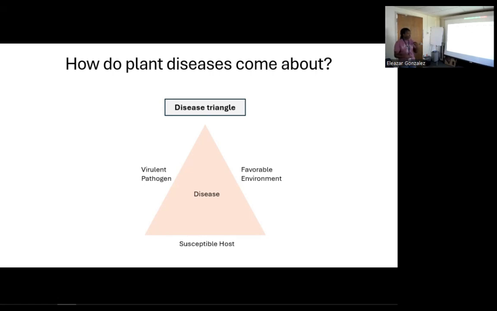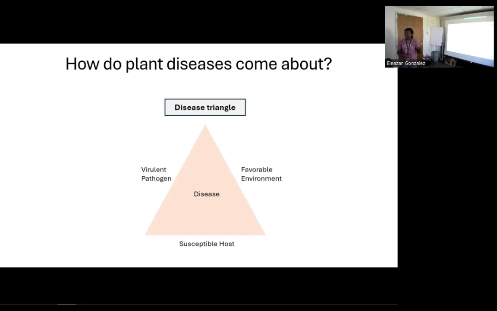In order for disease to develop, we need a pathogen, which could be a fungus, bacterium, nematode, virus, or phytoplasma. The pathogen has to be virulent, meaning it should be able to cause disease. We also need a favorable environment, maybe wet, humid weather, which are very common environmental conditions that favor disease.